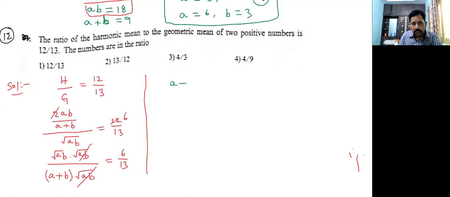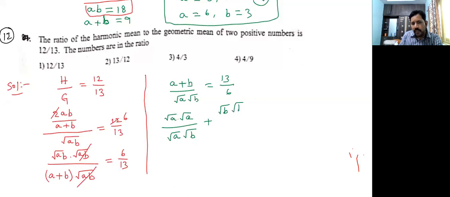Root AB cancel. Now write the reciprocal of those values. What happens? See, A plus B divided by root AB, I am writing root A into root B. That is equal to how much? 13 by 6. Split them. A, I am writing root A into root A divided by root A into root B, plus B, I am writing root B into root B divided by root A into root B, that is equal to 13 by 6.